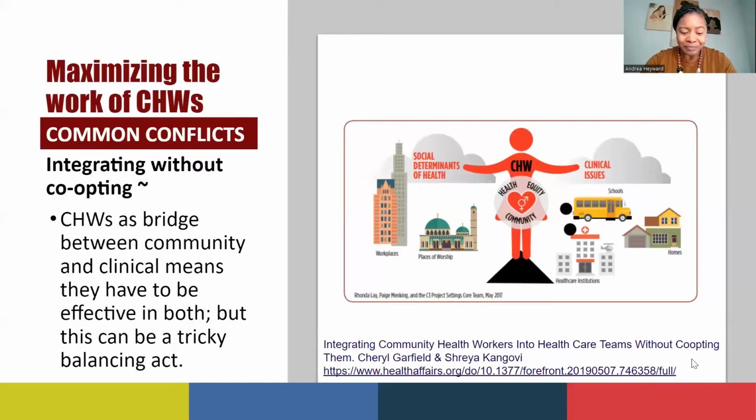Next slide. And so to start, we talk about maximizing the work of community health workers. Julie highlighted the roles and skills and qualities that make community health workers really effective at the work at hand. And so we revisit the fact that these core qualities and skills make up what we call community health worker core competencies.